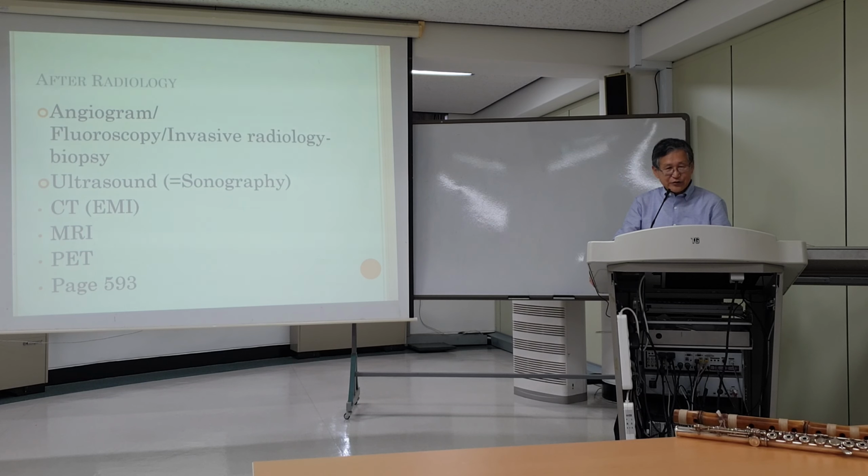Now AP means you lie down on the floor, and the X-ray beam comes upon your front, A, anterior, and passes through the back. We call it an AP. So we usually get chest PA rather than AP unless the patient cannot stand up. So you will usually see chest PA, posterior anterior pictures.